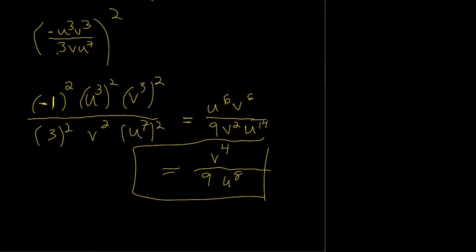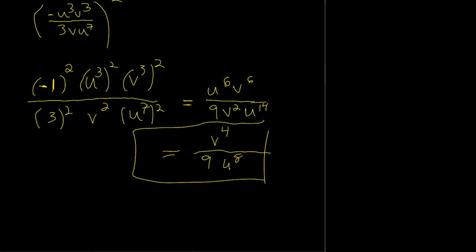Another way you can do it, you can bring your u's and v's together before we start. So I'm going to, in blue, just take this in a different route. Let me rewrite it here in blue and take it to the second power.